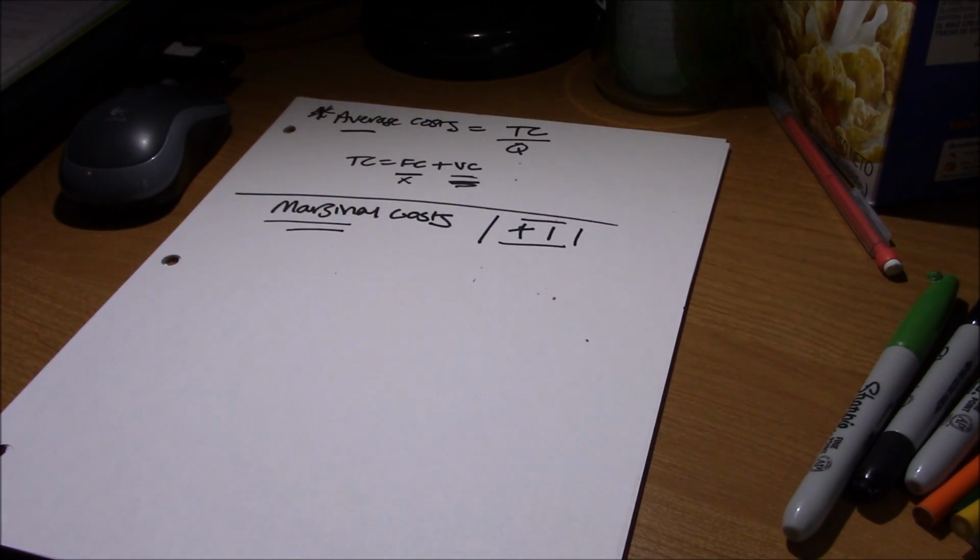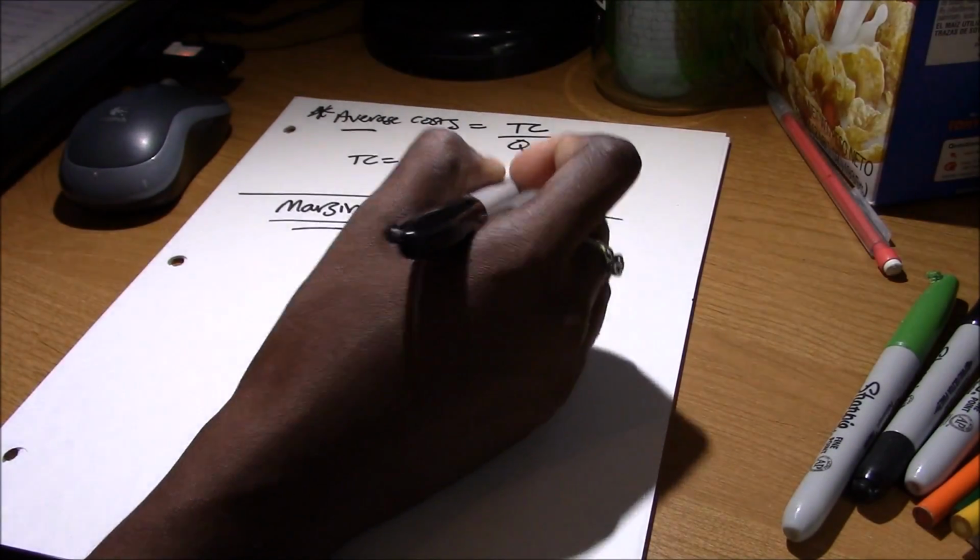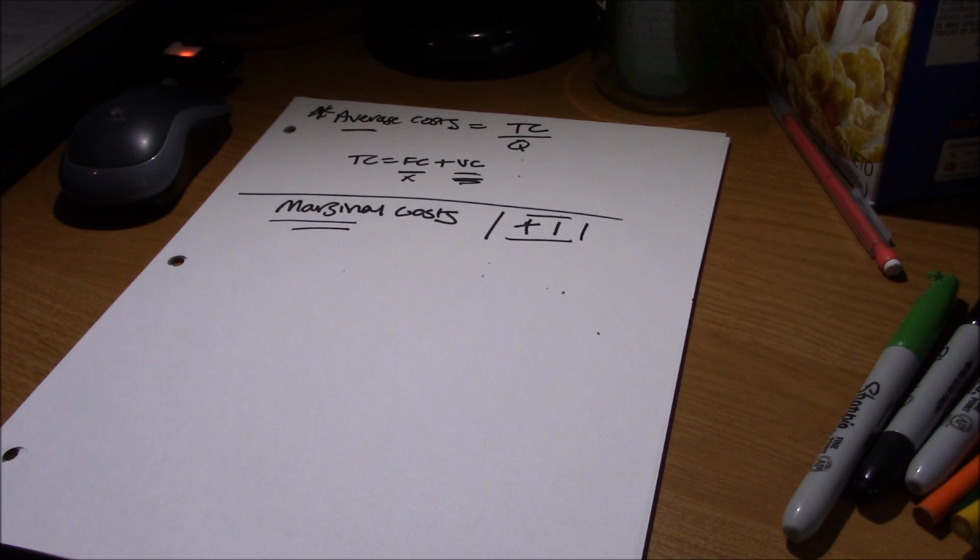Marginal just basically means if you add one more unit, if you produce one more unit, what are the changes that will actually happen because of that increase of just one more. So marginal costs are the increases in total costs that arise from an extra unit of output or production, or in other words, the extra cost that it takes to make one more unit.